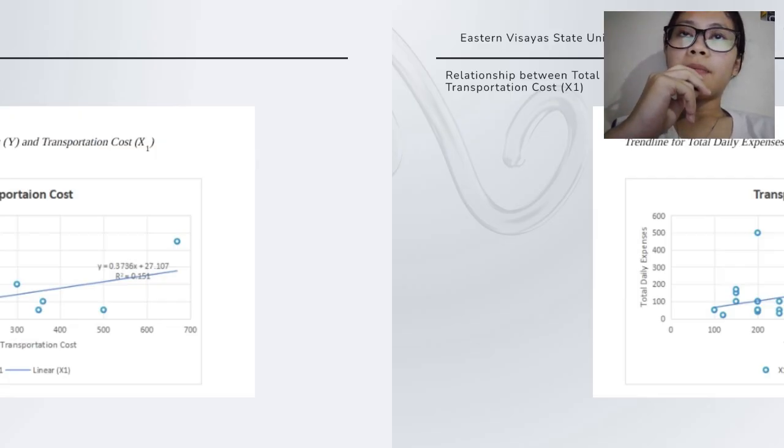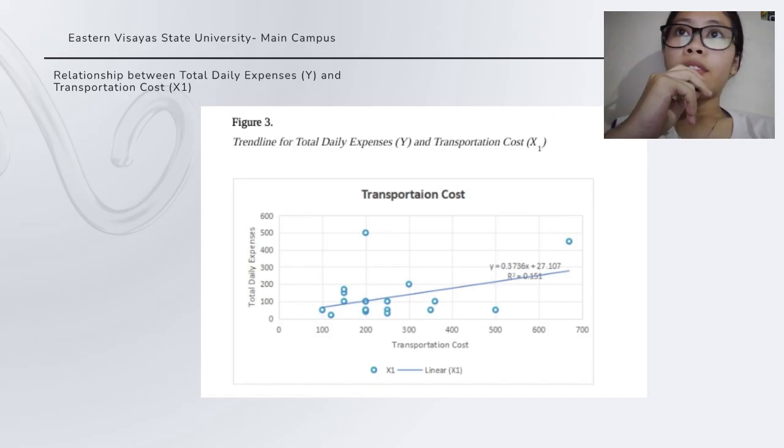So next slide is also a graph that shows the relationship between our dependent variable y and our first independent variable, or x sub 1, which is the transportation cost. So this graph visualizes how our x sub 1 transportation cost affects total daily expenses. It demonstrates that for every additional peso spent on transportation, the total daily expenses increase by 0.3736.